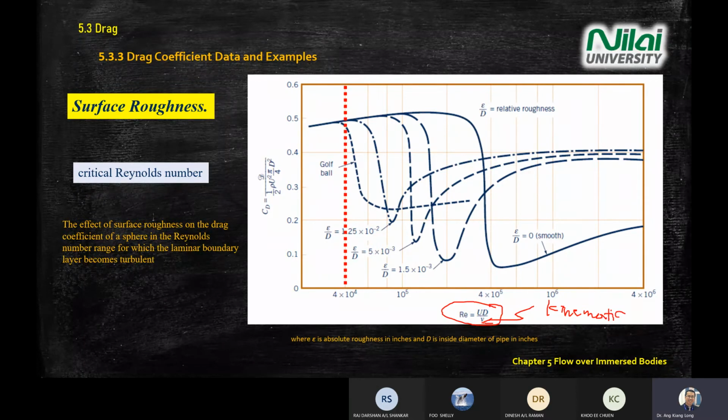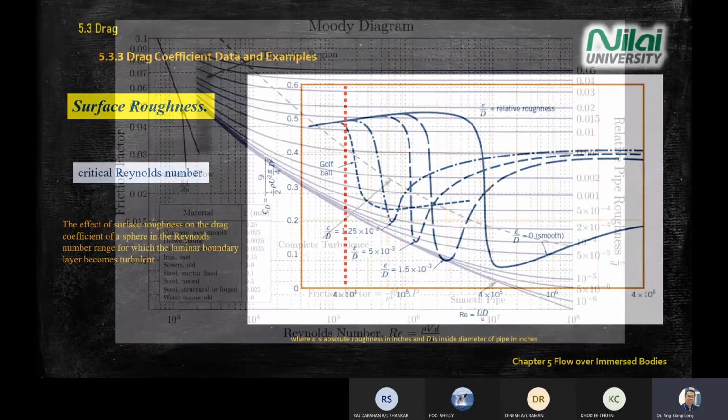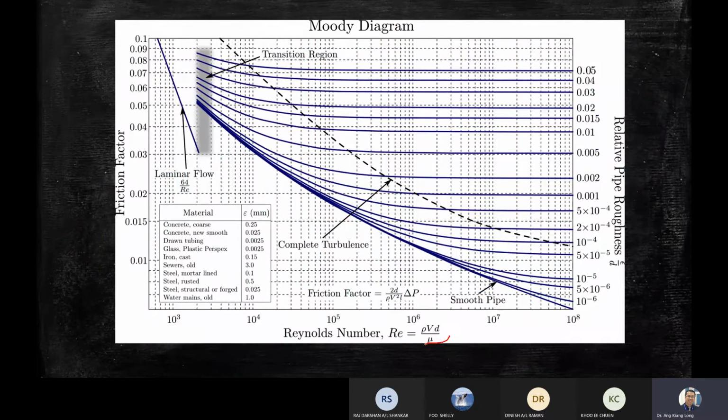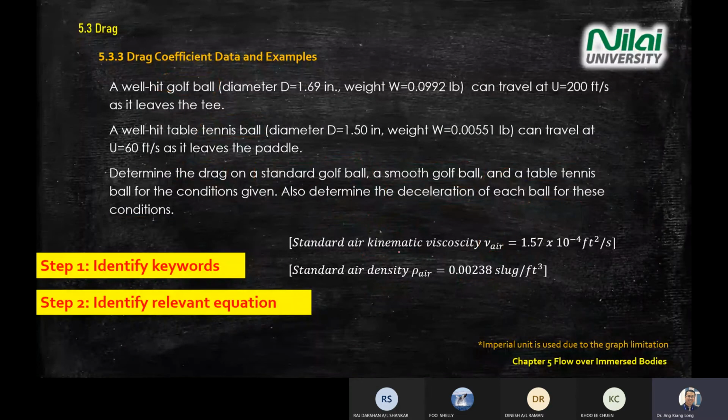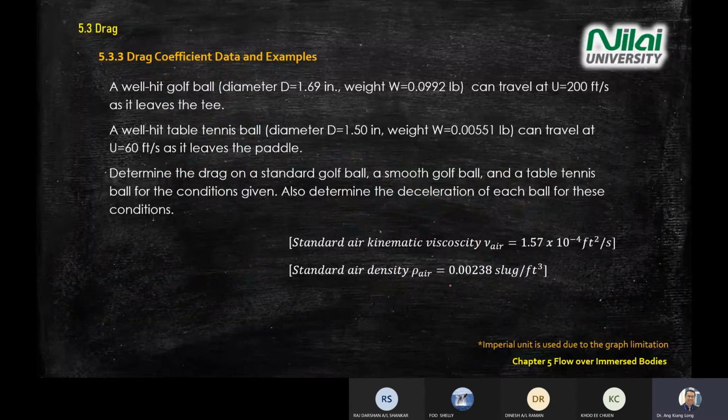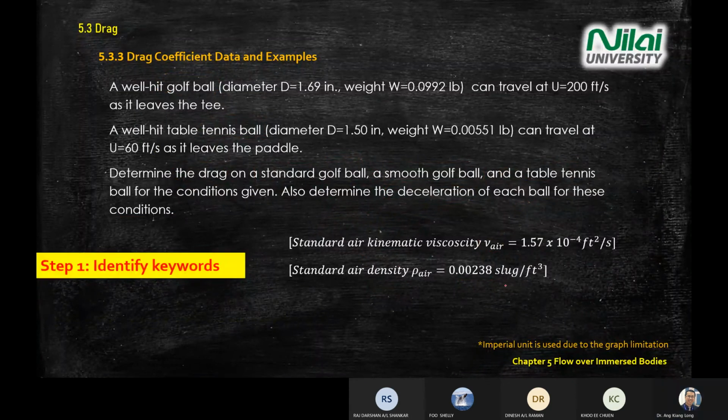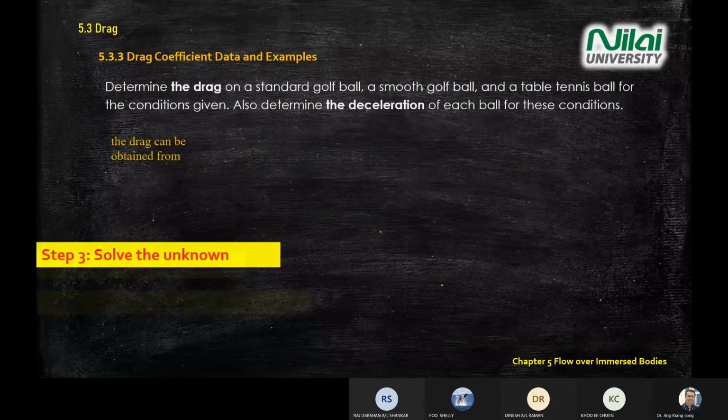One is in terms of kinematic viscosity, and the Moody chart that you normally use is in terms of dynamic viscosity. So in this tutorial question, we are using kinematic viscosity. Density of air is given. So how do we find the drag?